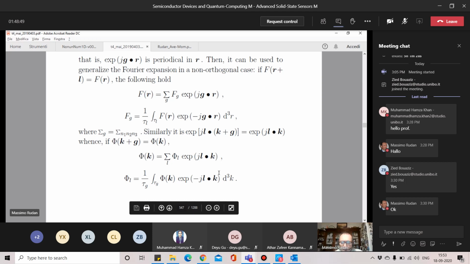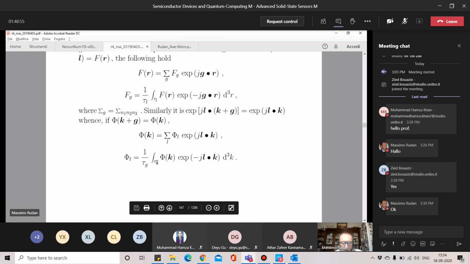The coefficients, as usual, are the definition of the Fourier coefficient. We take the original function phi multiplied by the exponential of minus jL dot k, and then we integrate over the elementary cell of the scaled reciprocal lattice, and we divide by the volume tau g of the cell. This explains why we need this type of construction in a lattice.